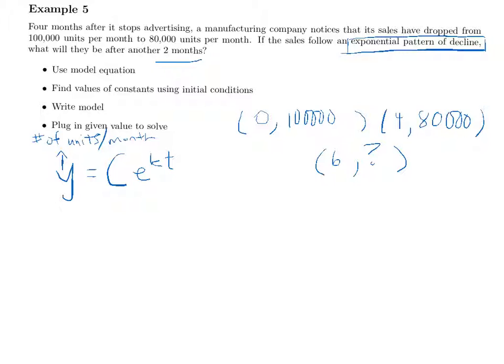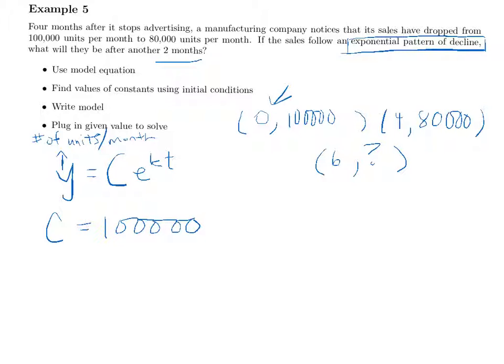So we have 2 initial conditions. This one's a little more straightforward than the last one because we have a condition at t equals 0. If t is 0, then we always know exactly what C is right away. What is it? 100,000. Easy enough.